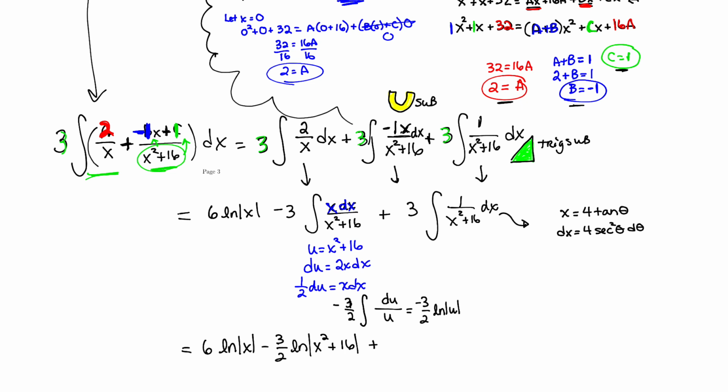Hang on, Tina. So now dx gets replaced with this, and x gets replaced with that, and that's going to give me 4 secant squared theta d theta over 16 tangent squared theta plus 16.